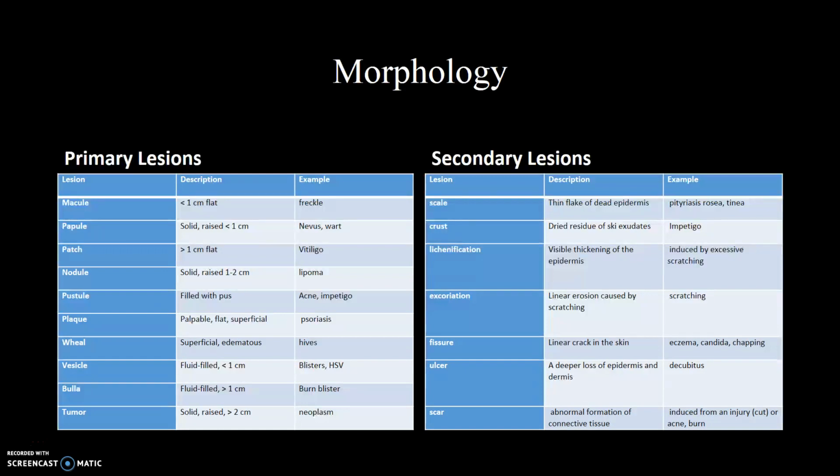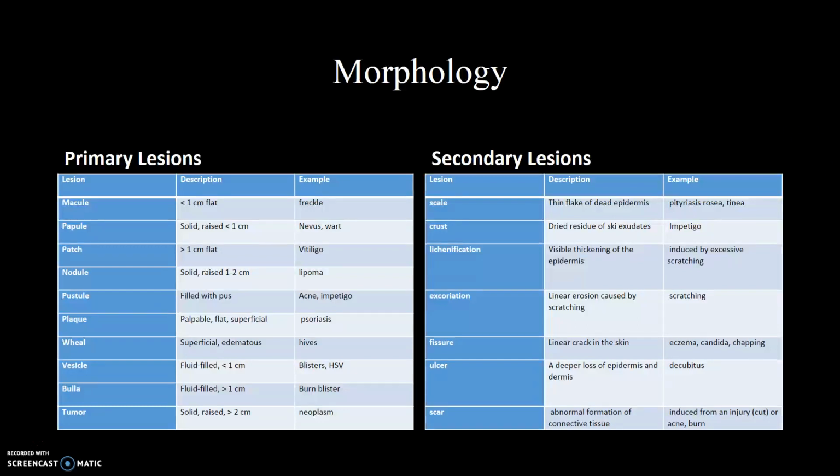A secondary lesion results from changes in a primary lesion. That's it. Now, this is not an exhaustive list: scale, crust, lichenification, excoriation, fissure, ulcer, scar. But if you have a primary lesion and there are changes, then it creates a secondary lesion.